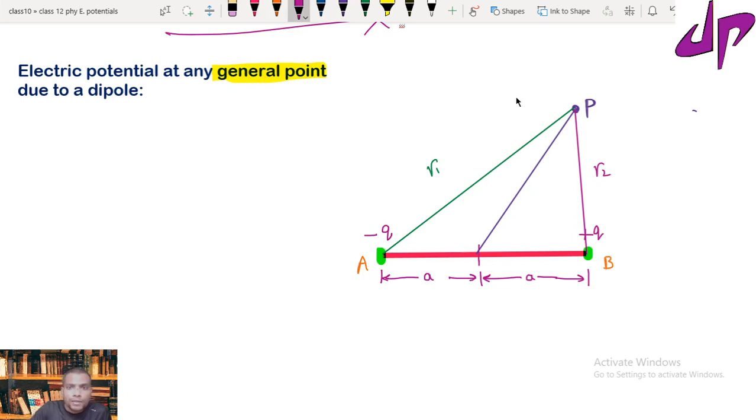Now we will write the potential expression because of these two charges.